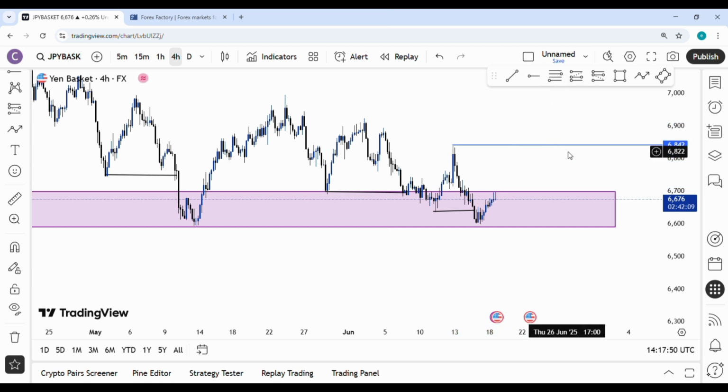But for now, our 4-hour time frame is bearish and our daily time frame is bullish. We're not doing anything here. There is no market. We're not doing anything here, guys. Leave any JPY pair. You can trade AUDCAD, you can trade USDCHF, you can trade other pairs. But for JPY, the yen basket or JPY pairs, leave them for now because we're not yet ready. We are still cooking, guys.